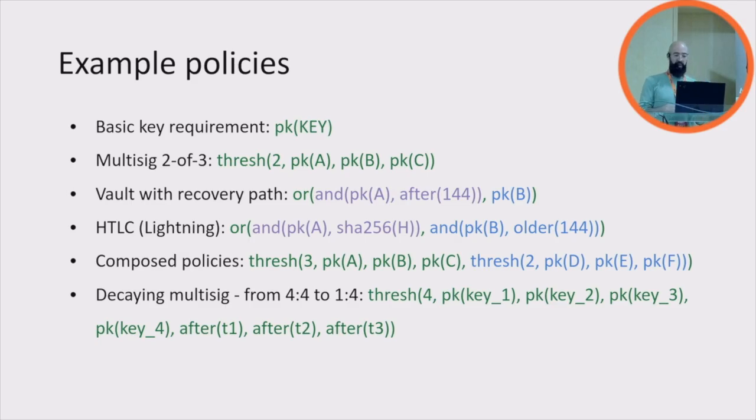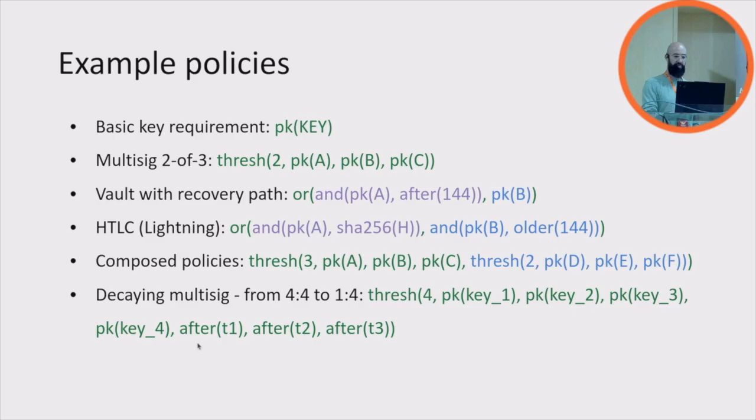Okay, so it's really efficient. Now, the thing we talked about before, composing policies: we can create a multisig where one of its available signatures is also a multisig inside of it. And also, here is an example of a decaying multisig that starts with 4 needed signatures, and over time you can reach only 1 needed signature.